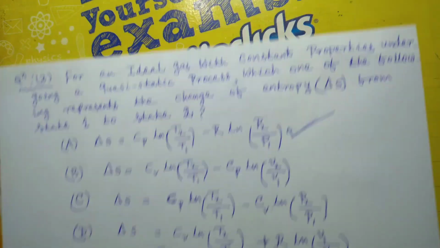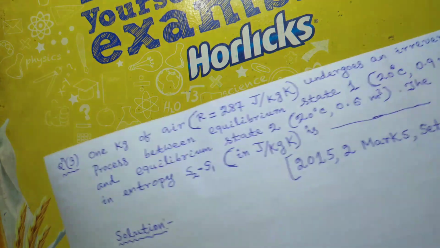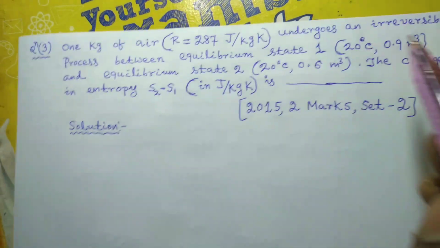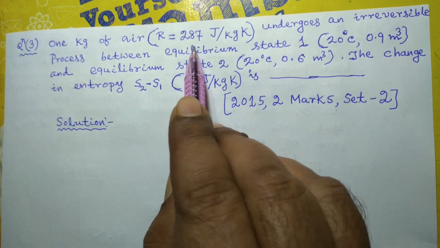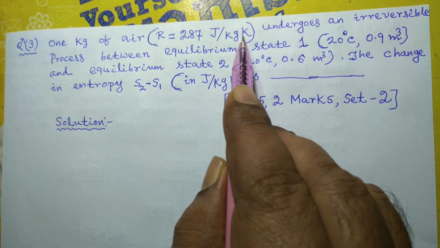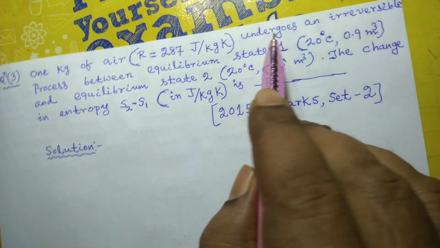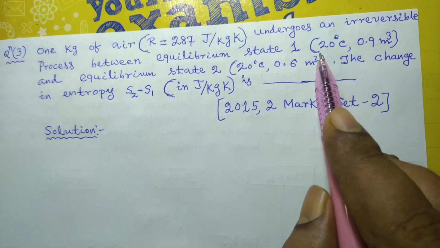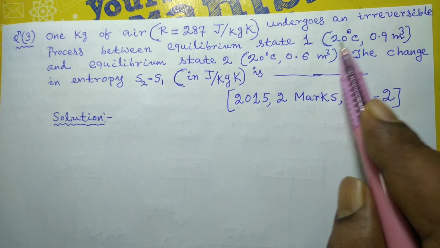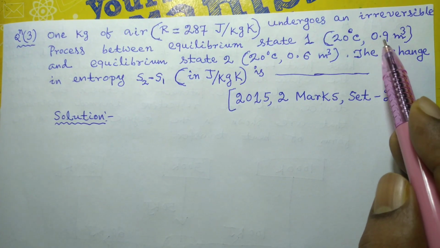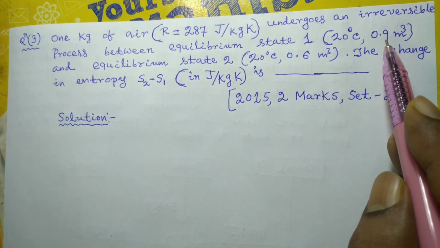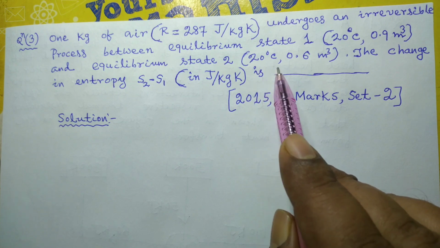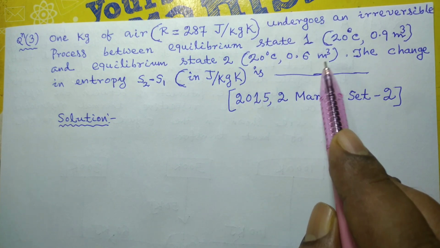Next question is like this. 1 kg of air, for which R is 287 joule per kg Kelvin, undergoes an irreversible process between equilibrium state 1, whose properties are 20 degrees Celsius temperature and total volume 0.9 meter cube, and equilibrium state 2, whose temperature is 20 degrees Celsius and volume is 0.6 meter cube.